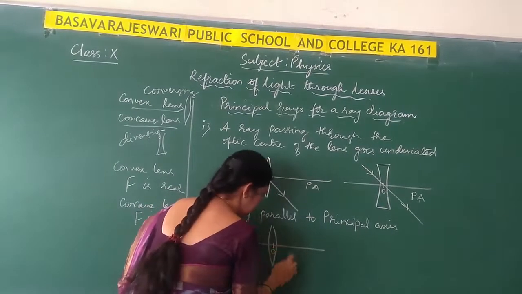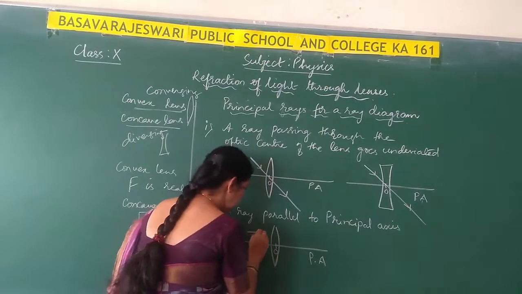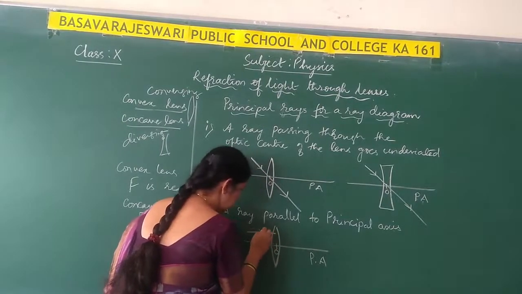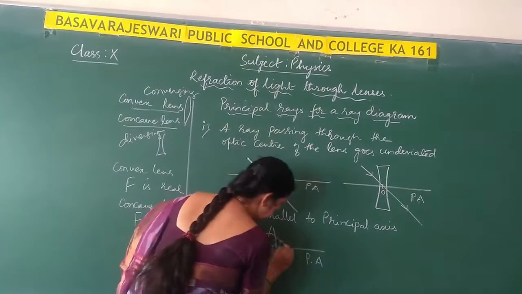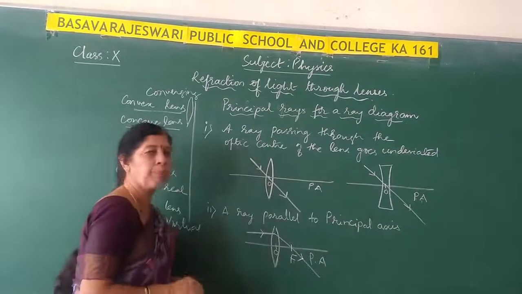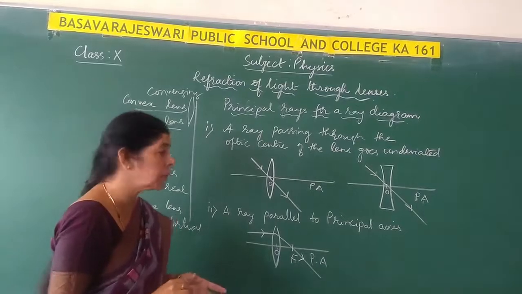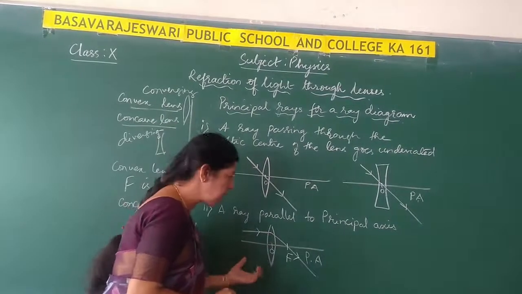This is the optic center. This is the principal axis of the lens, right? The ray is parallel to principal axis. Now, after refraction, it must pass through the principal focus only for a convex lens.